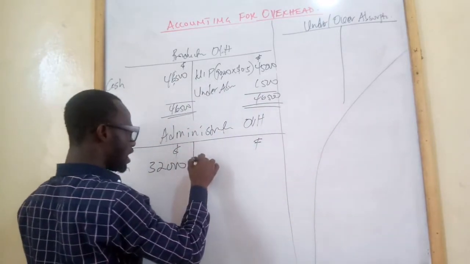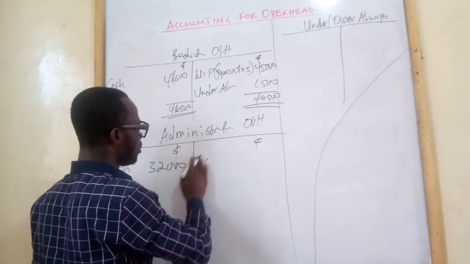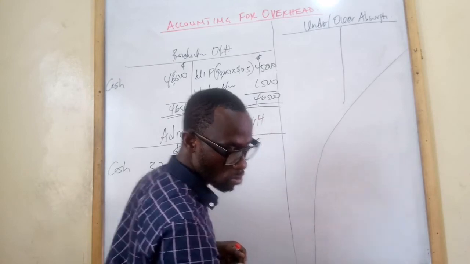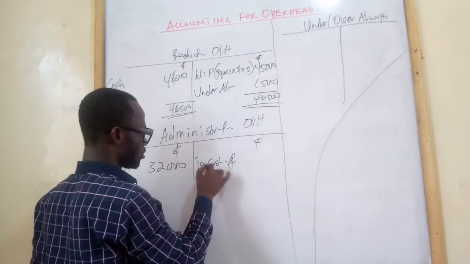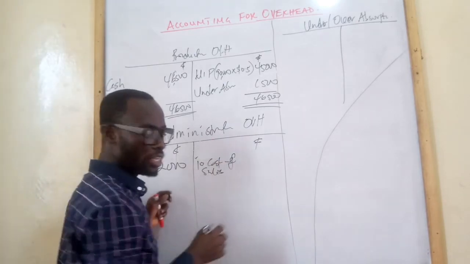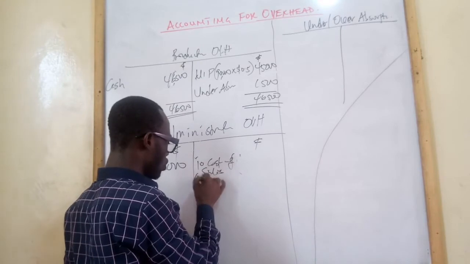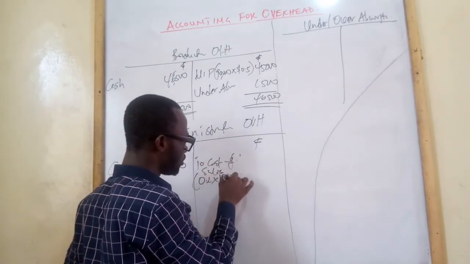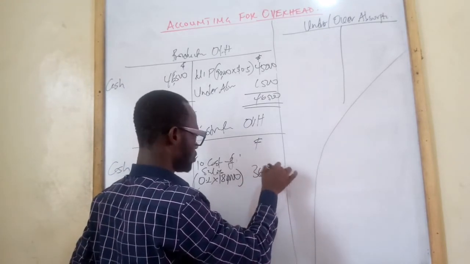So the overhead that is absorbed to cost of sales is going to be 20%, okay? So 0.2 of cost of sales. The cost of sales is 180,000, and that leads us to 36,000.